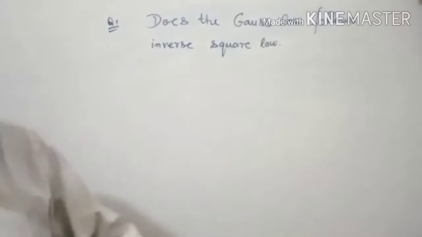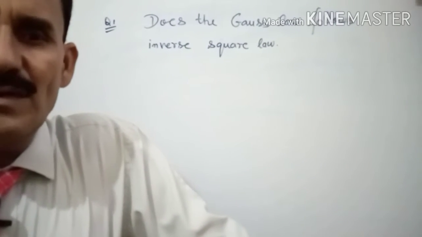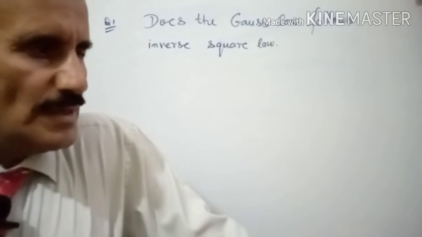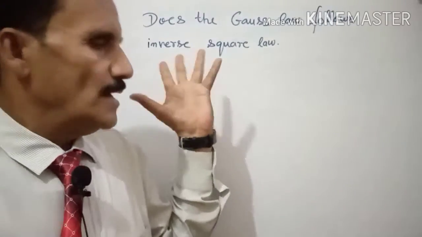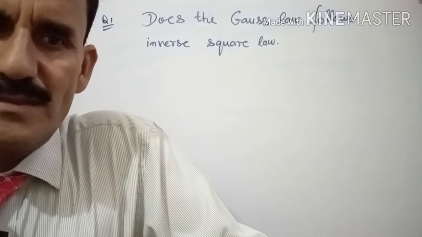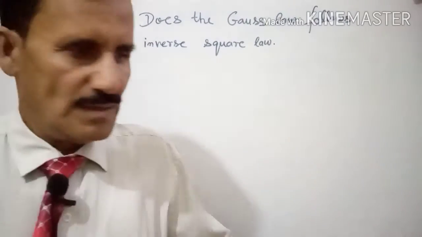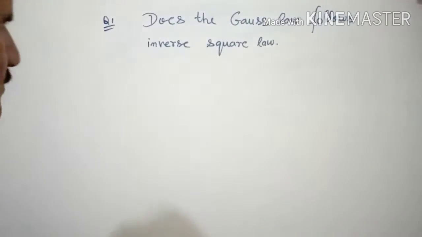So what is the answer? Yes. Gauss law follows the inverse square law because electric flux depends upon the electric field intensity and that is obtained by Coulomb's law. So it depends upon Coulomb's law.